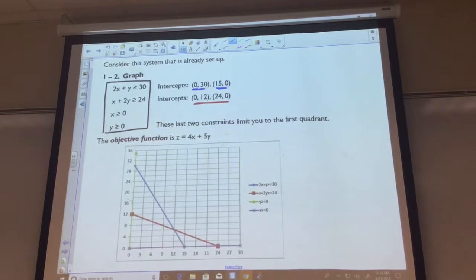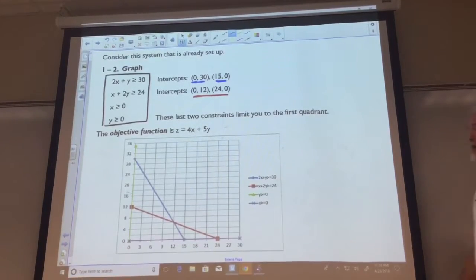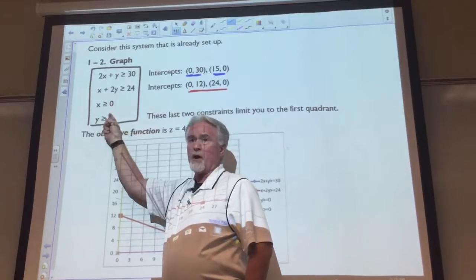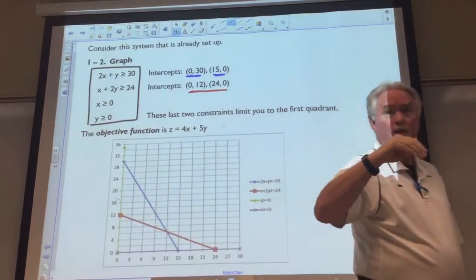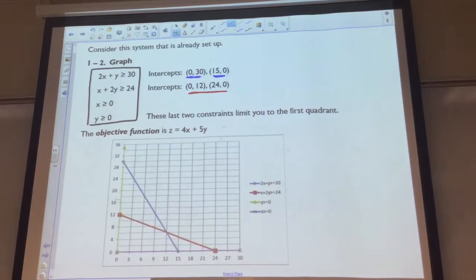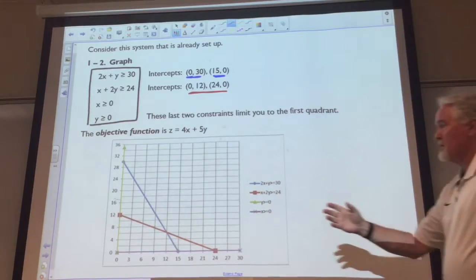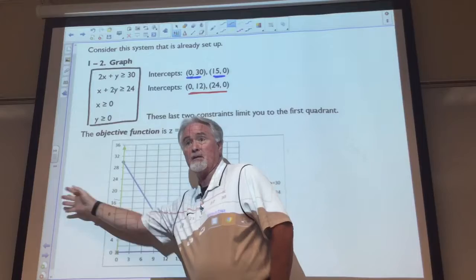And then there are 2 other things that you're going to have to consider. And I'll tell you right now that when you're building your problem, if these 2 statements are missing, you lose all 3 points for the constraints. Those 2 pieces of information, x being greater than or equal to 0, tells you that you aren't going to be able to use this side of the graph.